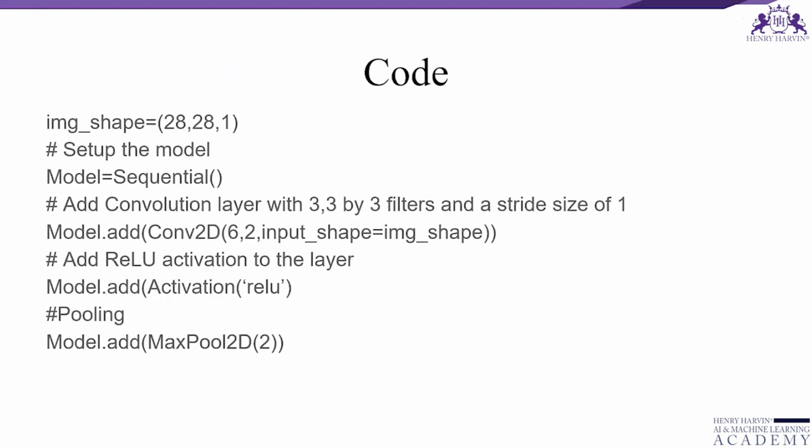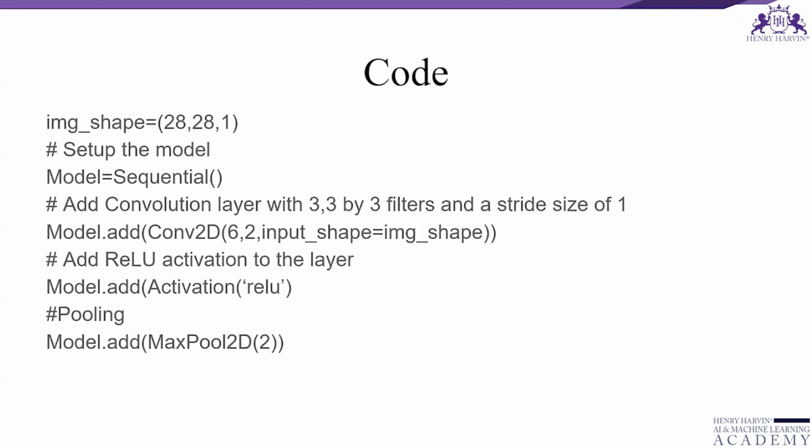So when you write the code, how do we write it? Maybe I have written img_shape equal to 28, 28, 1. Let it be the shape. So how am I setting up the model? Model is equal to Sequential, and I'm adding some convolution layer.